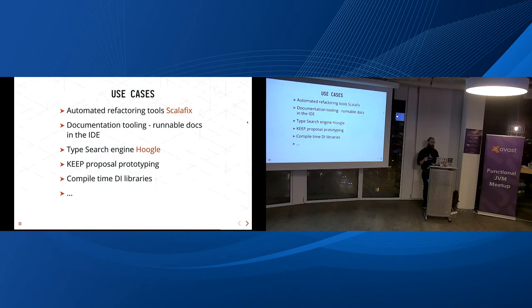And some use cases that we think are really powerful, and also not binding to functional programming per se, are an automated refactoring tool like ScalaFix or Scala Steward, where they can automatically provide upgrades for version updates for your code base. Documentation tooling, so for the people familiar with that from Scala or Knit from Kotlin, where you have snippets in the documentation, we can actually make those snippets runnable.